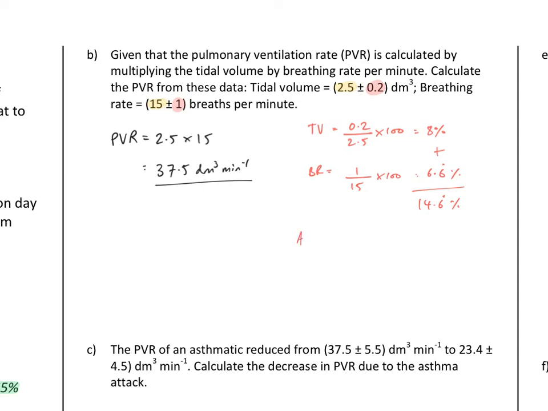So my absolute uncertainty equals 37.5 times 14.6 divided by 100. So 14.6 recurring. Don't forget that, because it might have an effect.